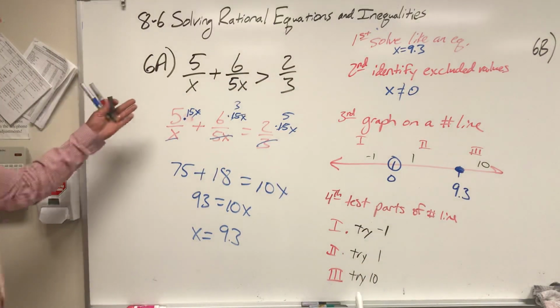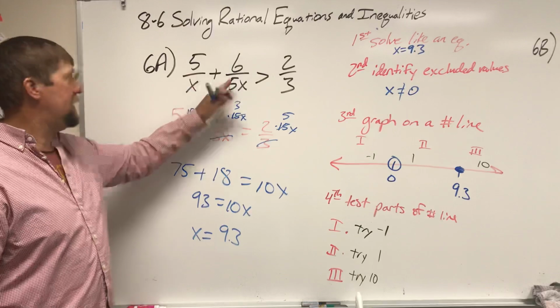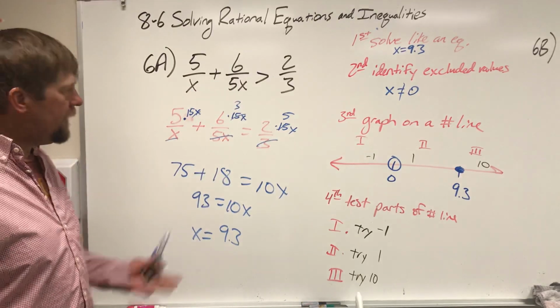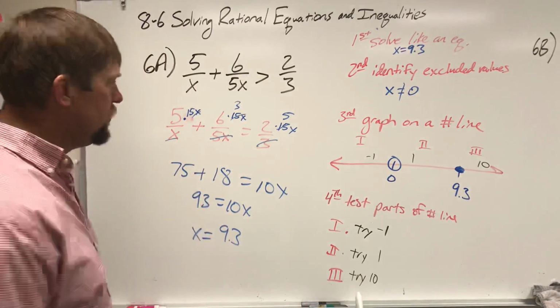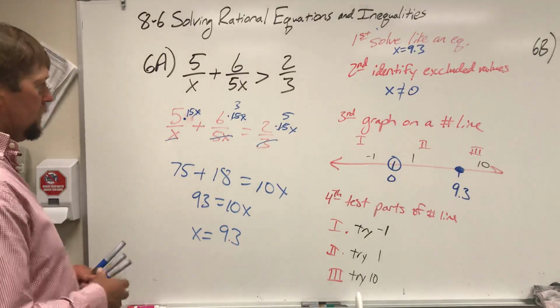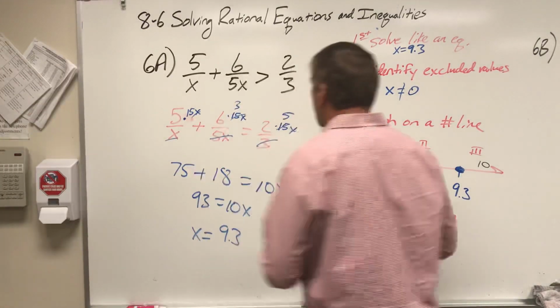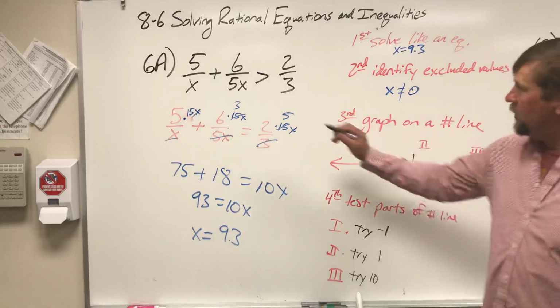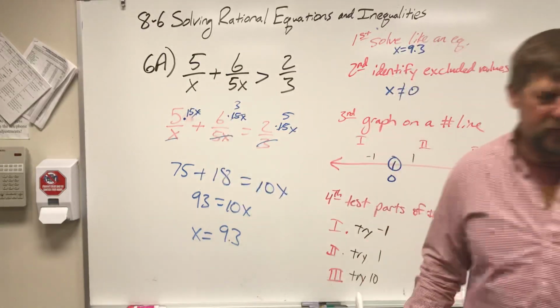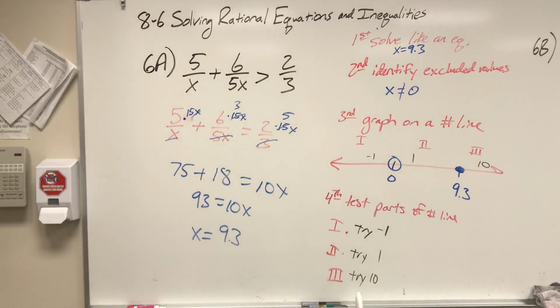We're going to try these numbers and see if they work. If they make the original inequality true, then we know that that part is part of the solution set. So if I try -1, I put it back in the original problem.